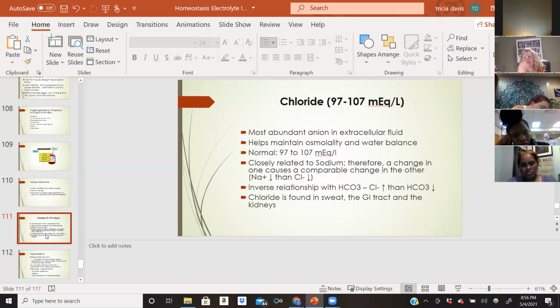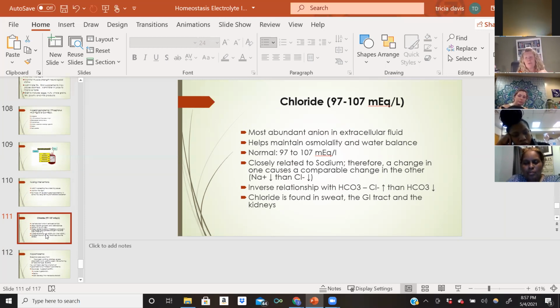It has an inverse relationship with sodium bicarb, HCO3. If your chloride is elevated, then your sodium bicarb is going to be decreased. So a comparable change relationship with sodium and chloride, but then an inverse relationship with chloride and sodium bicarb.